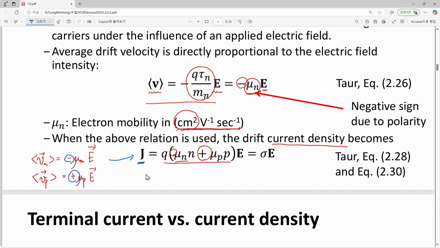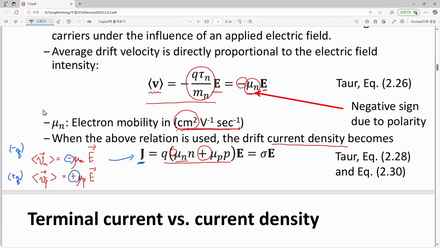this current density is not for the movement of a particle, but is related to the charge carried by that particle. Electrons carry minus q charge, but holes carry positive q.